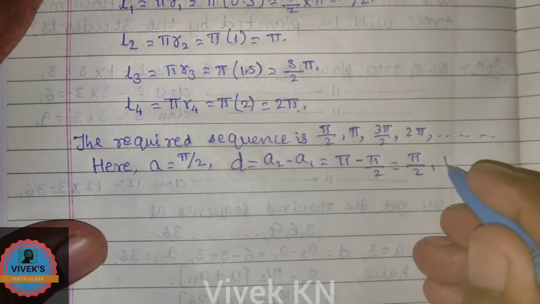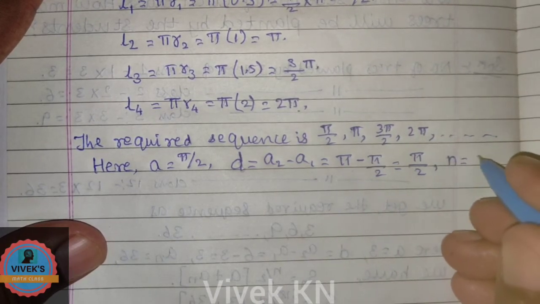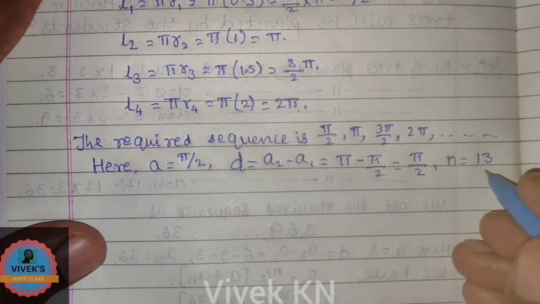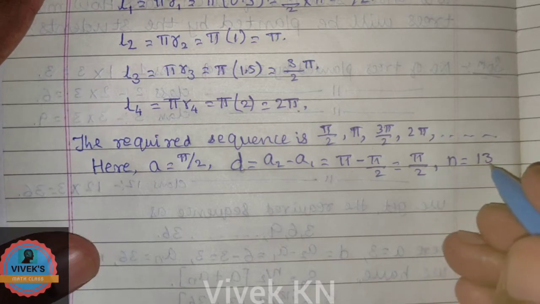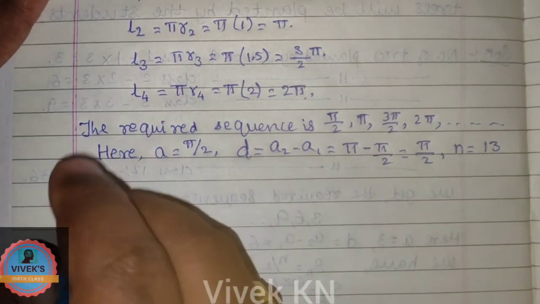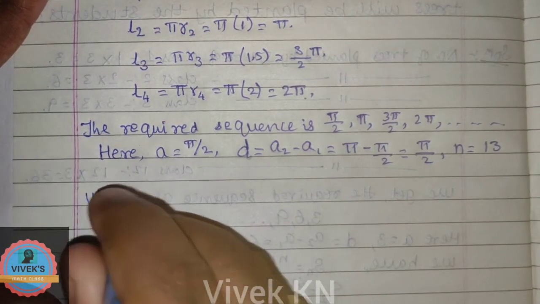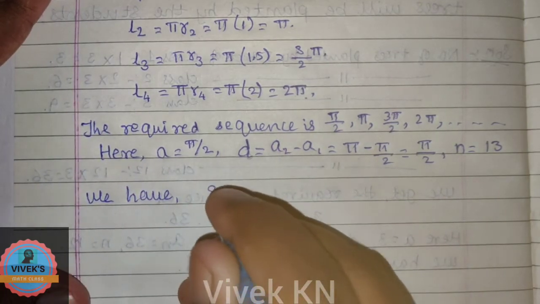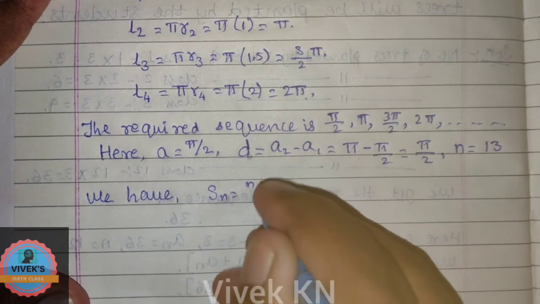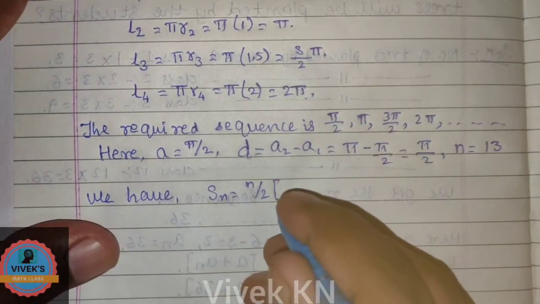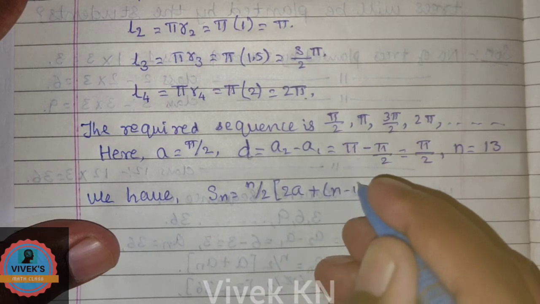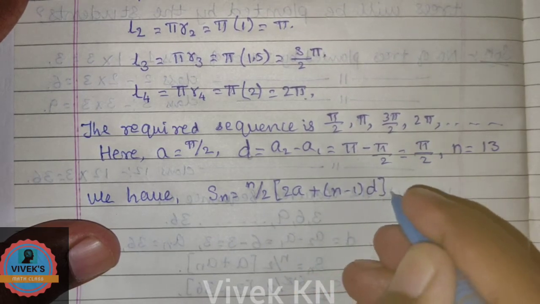And the value of n is, we have to find out the total length of 13 consecutive semicircles, that is n is equal to 13. Now let us write the formula of sum of first n terms of an arithmetic progression, that is Sn is equal to n by 2 into 2a plus n minus 1 into d.